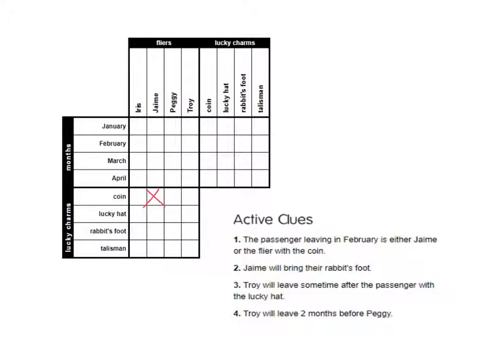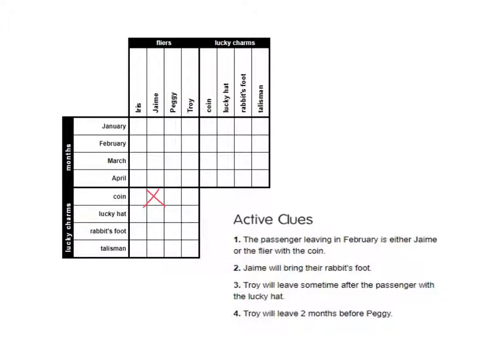Now, I'm going to have to come back to the February thing because I don't know that they've given me enough. Well, I could say, well, I don't know. I can't even do that because February could be Jamie, so this might be it, but I don't know who the flyer with the coin is yet, so I don't know which the other option is. So I'm going to come back to that. I bet they're going to give me some more information that will help me. It says, Jamie will bring a rabbit's foot.